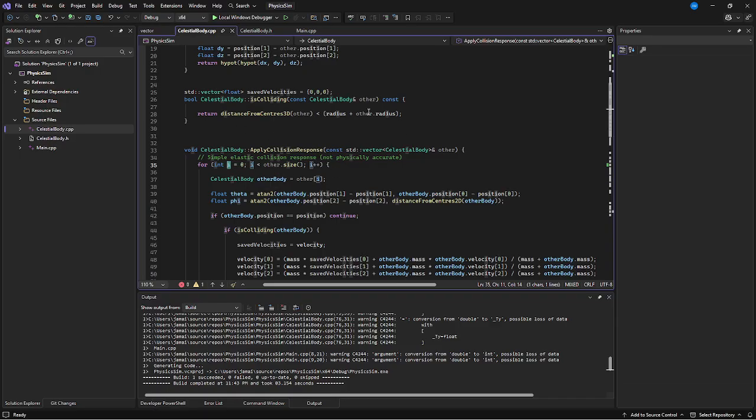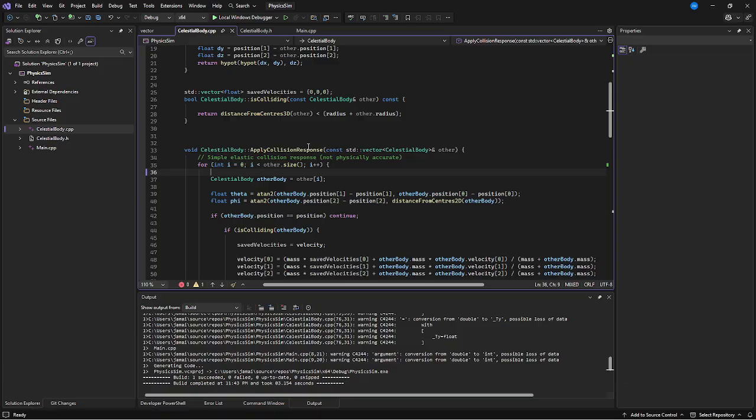If you're on the 5th body out of 100, then i would be equal to 4 because you're starting at 0, but that's not too important. The only way you can do this is to check each one individually. So you go, okay, is my gravity with this one okay? Yep.